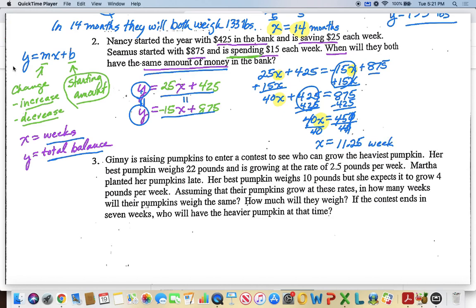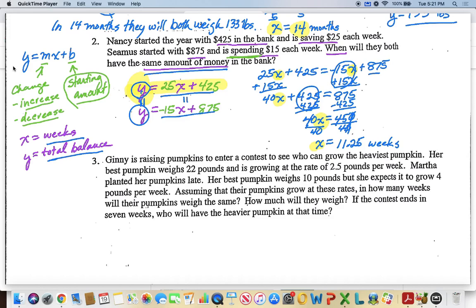We don't know what that same amount is yet because we don't know what y is, but we can easily find that out because we can just take one of these equations, for instance, this one, and we'll replace the value of x in there and find out what y is.